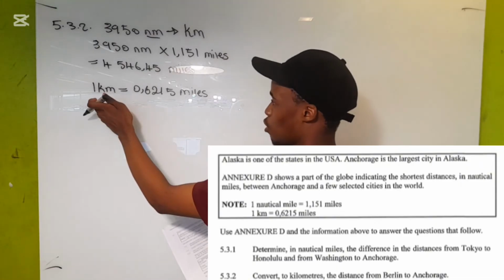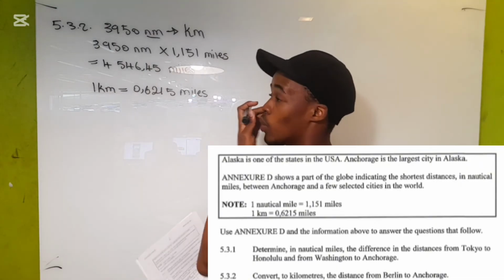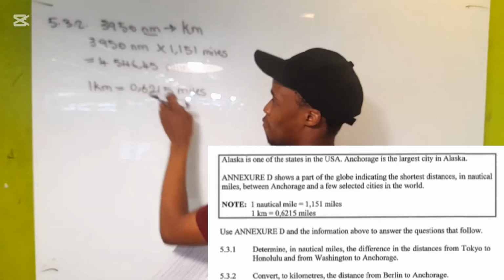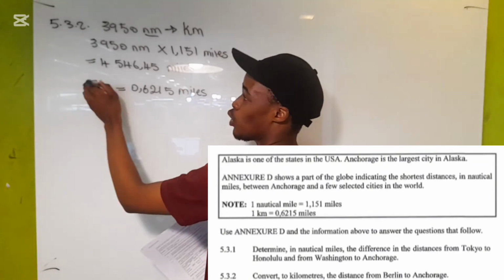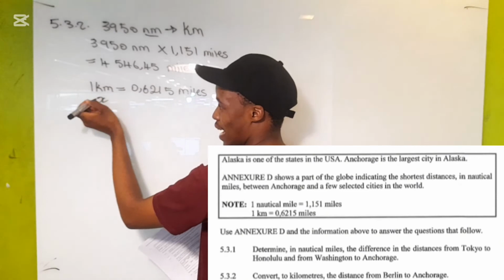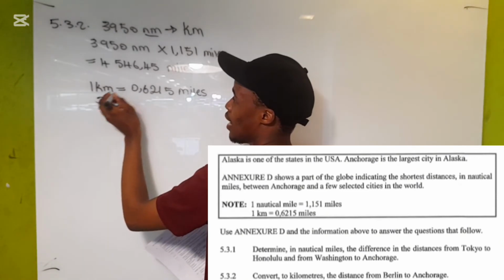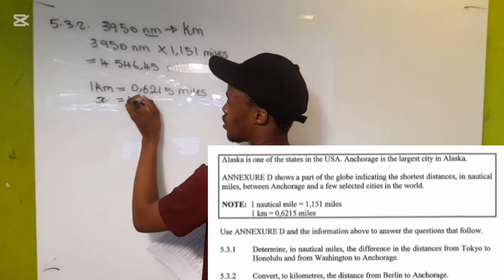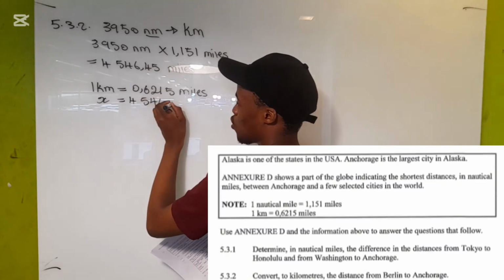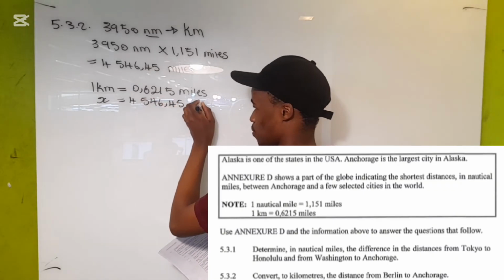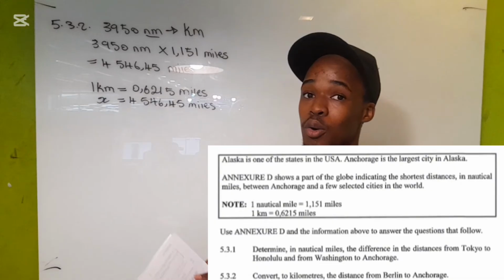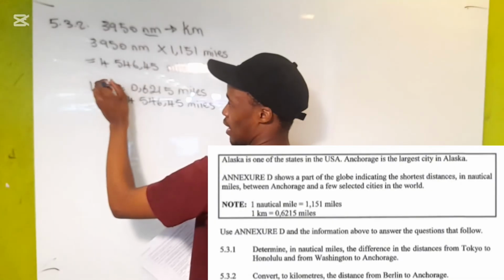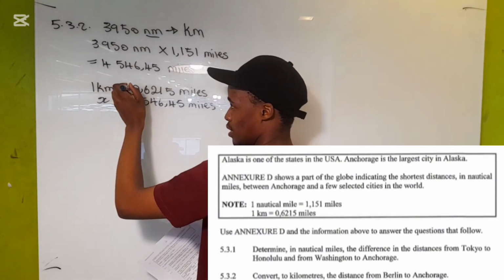So kilometers, miles. Okay, so what do we have between kilometers and miles? We have miles. So we're looking for kilometers, so we put x on the side for kilometers, and then we have 4,546.45 miles. Now we're going to cross multiply: multiply this with this and this with this.